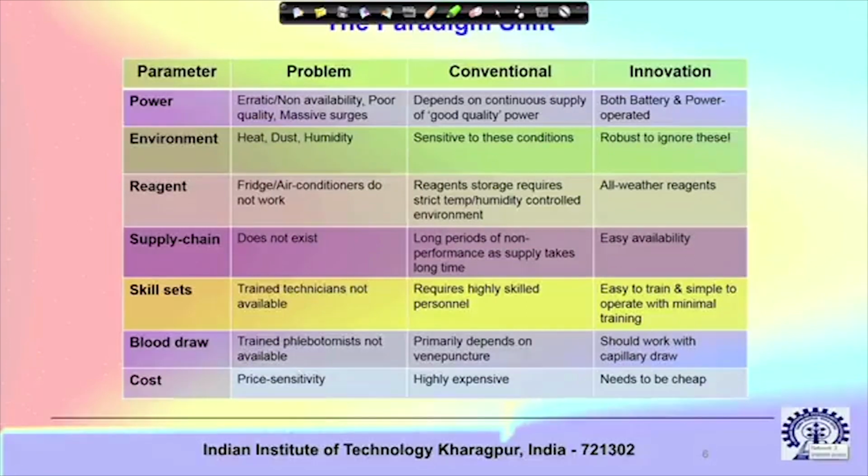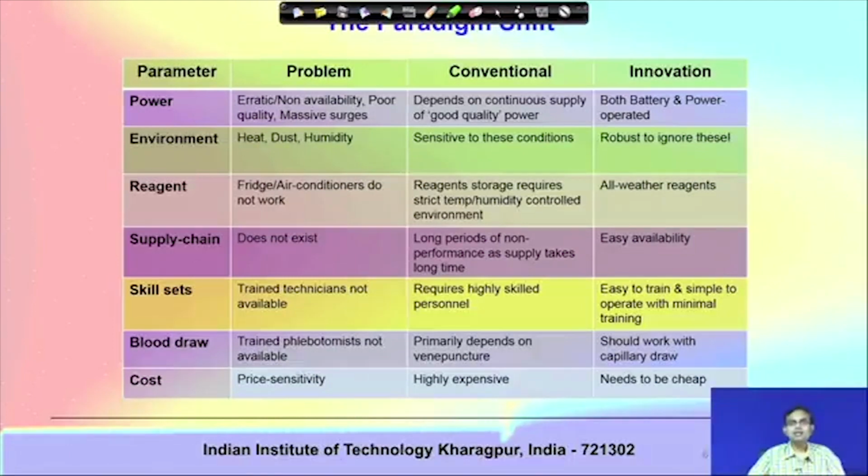Most of the times the traditional pathological tests are done in very sophisticated air conditioned laboratories where the conditions are very carefully controlled, whereas in the rural settings we have heat, dust, humidity. So, the technology must be robust so that even in the presence of heat, dust, humidity, the results should be accurate. Reagents, in a scenario where the refrigerators or air conditioners do not work.